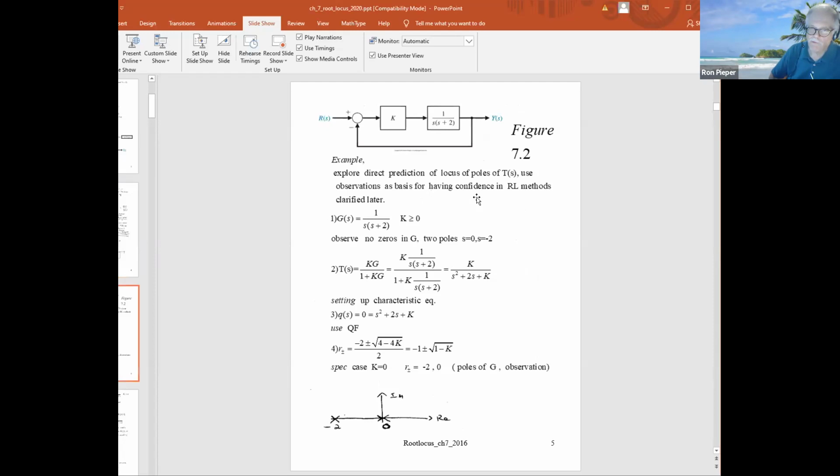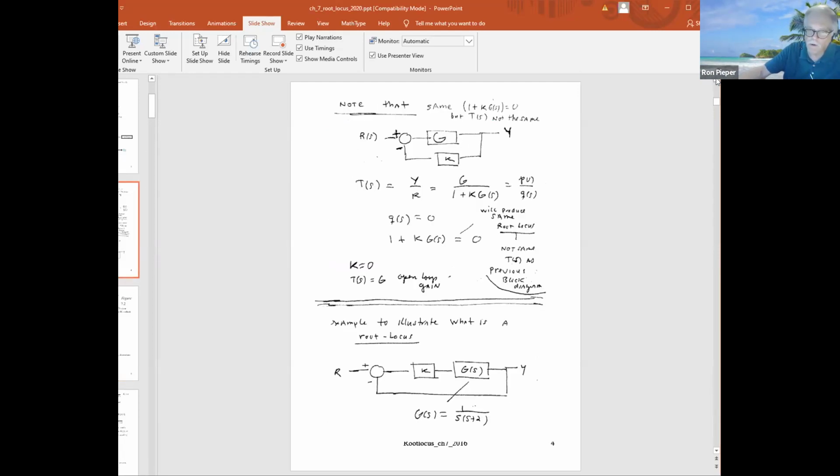All right. So we're going to continue with the version of the block diagram that the book has. In this example, we're going to take a specific example where our G of s has a pole at 0 and then a pole at -2.